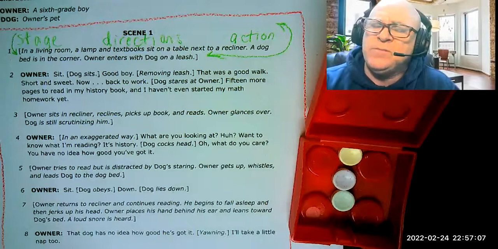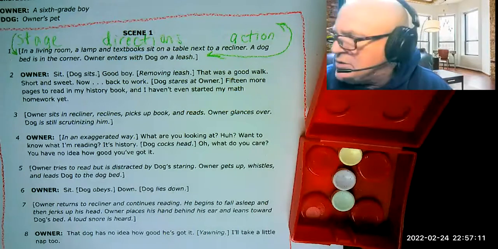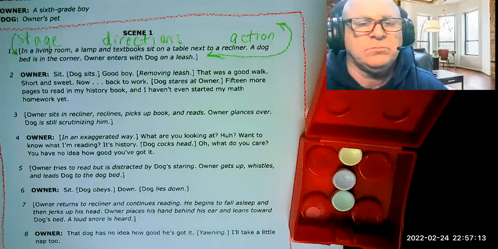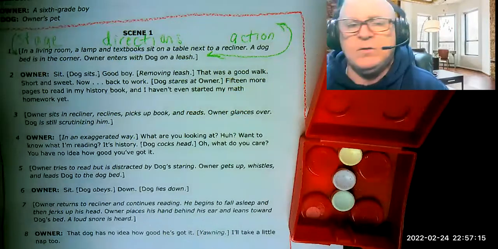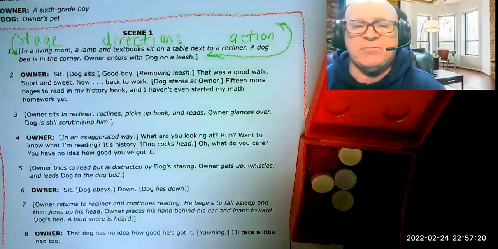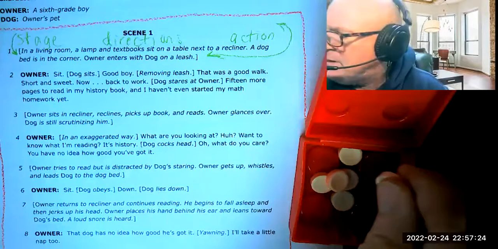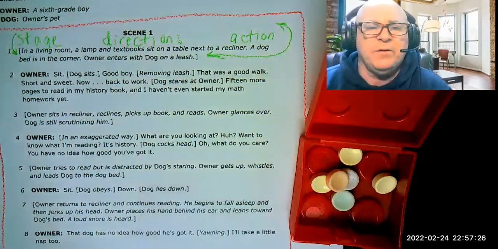Doesn't sound like he's too upset with the dog. Okay. Sit. Good boy. Positive. That was a good walk. Positive. I don't like the repetition. Short and sweet. Positive opinion. Back to work.